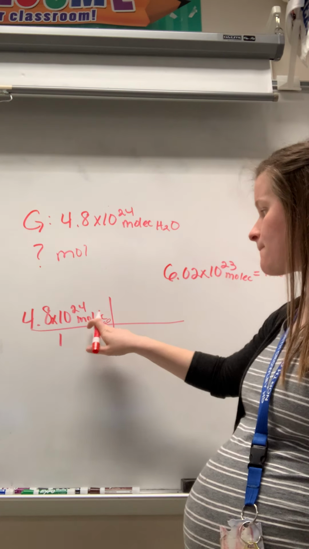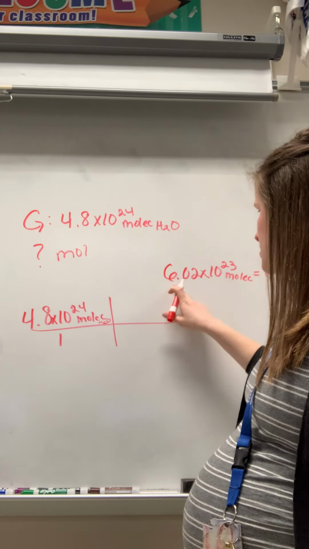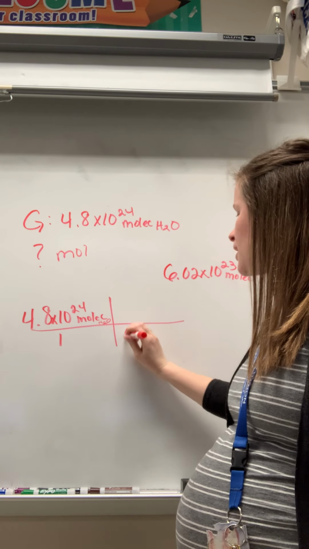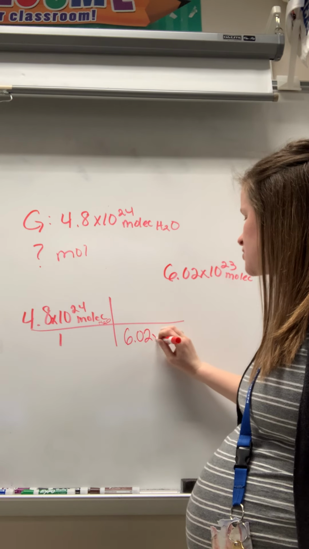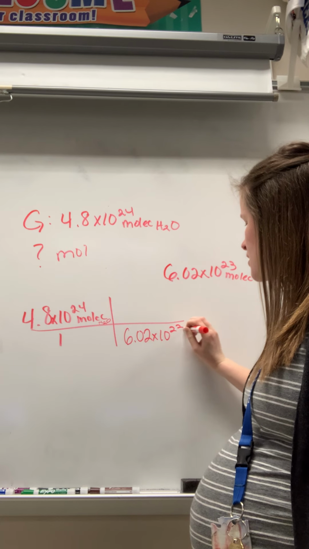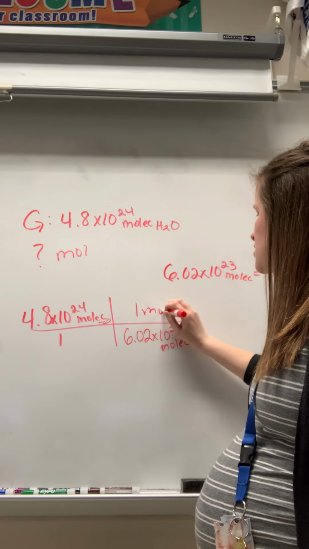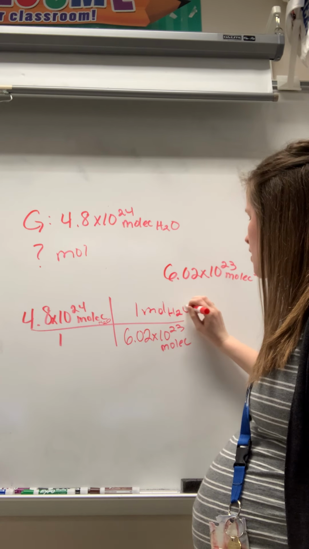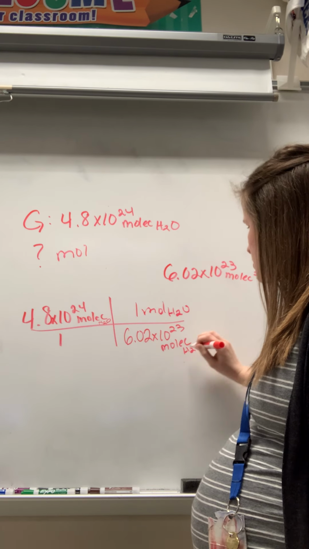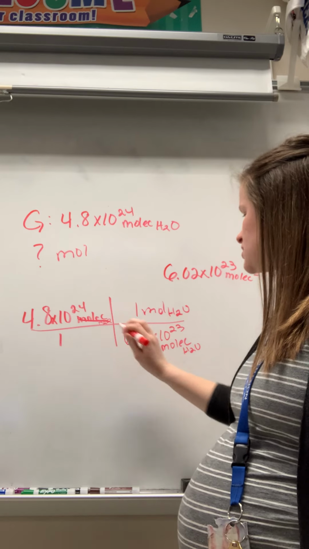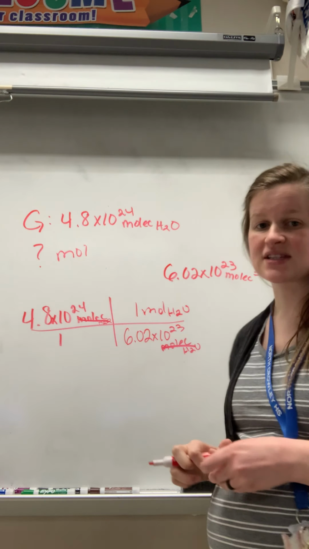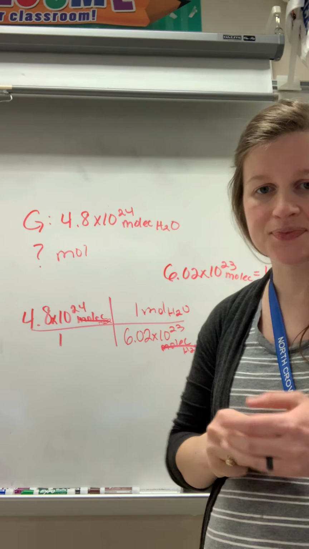That means I want molecules on bottom, which means I want Avogadro's number on bottom, because that's how many molecules I have. So molecules go on bottom and 1 mole goes on top, of H2O. When I do this, molecules cancel molecules, and I've successfully converted to moles.